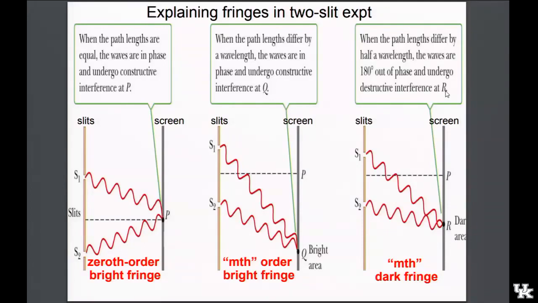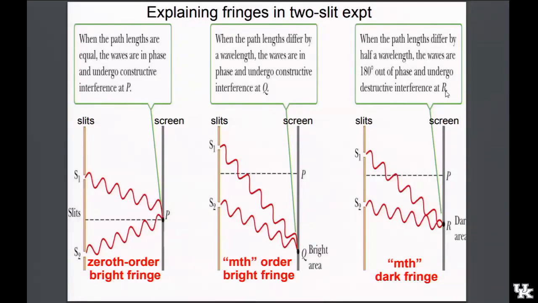What about an nth order bright fringe? So this middle picture here is the explanation of the nth order bright fringe. So here's light coming from the top slit down to this location. Here's light coming from the bottom slit to this location. Now the paths are different, right? It's further from the top slit. It's less far from the bottom slit.